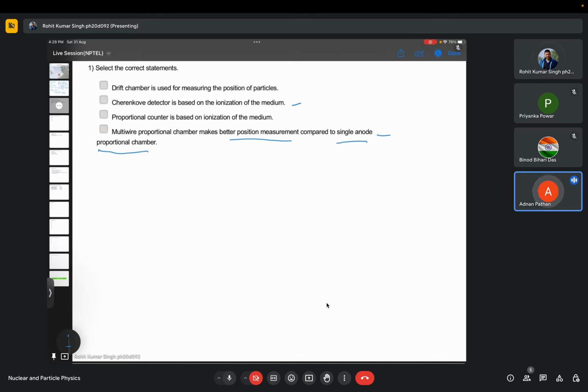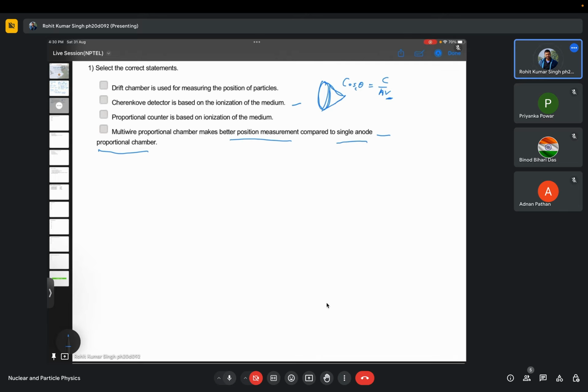But radiation is released, right? So that means something. Radiation is released, but what you measure is the angle, right? There is a formula, cos theta equal to. You measure the cone of the shock waves, which gives you an idea about the velocity of the passing particles, and then you can actually calculate the mass of the particle.